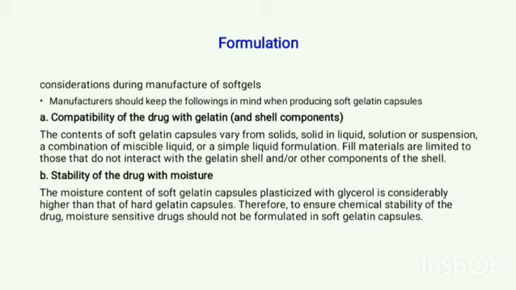The content of a soft gelatin capsule varies from solid, solid and liquid, solution or suspension, a combination of miscible liquids, or a simple liquid formulation. Fill materials are limited to those that do not interact with the gelatin shell and other components of the shell.